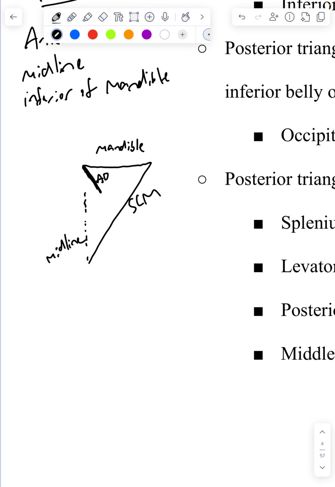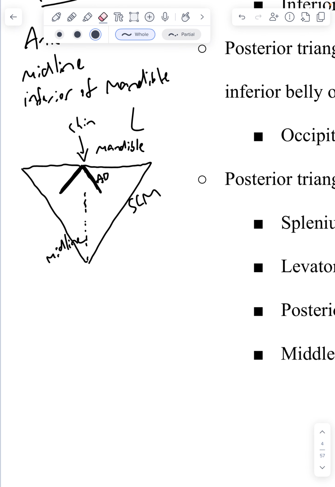And then you have another anterior belly on the other side. So imagine this is your chin right here. So this is the left side of your body. This is the right side of your body. This triangle would obviously also be on this side. So whatever you do to one side, you mirror to the other side. But you have one triangle here using both anterior digastric bellies. And then you use this part right here, which hopefully by now we know is the hyoid bone.